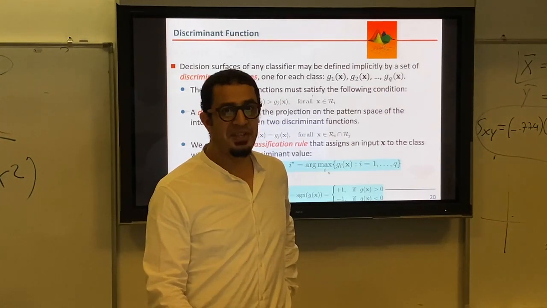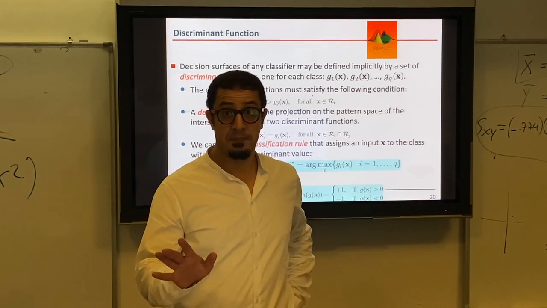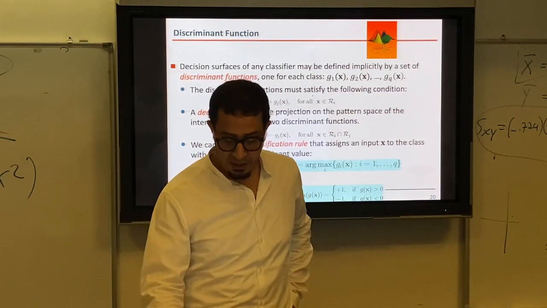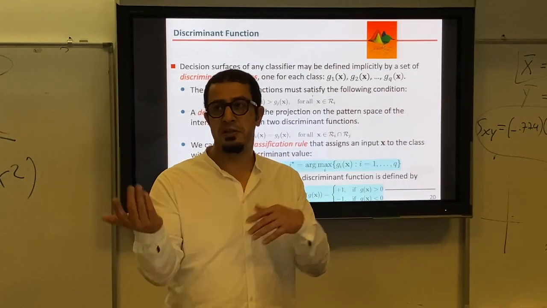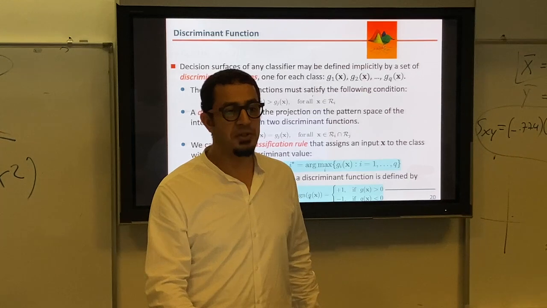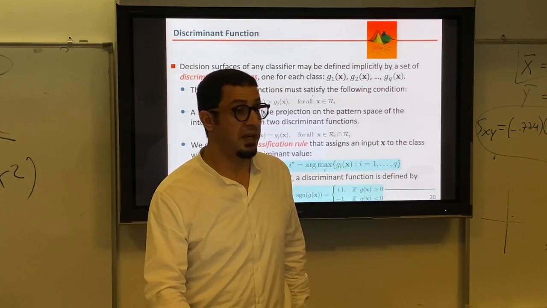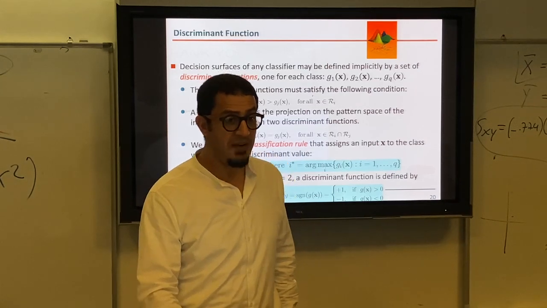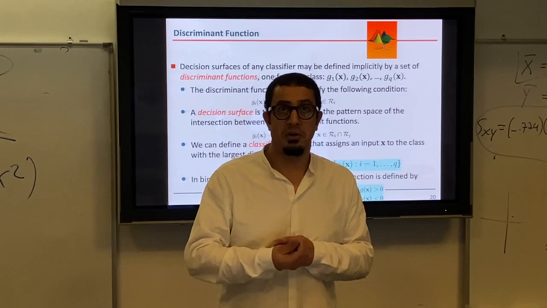If the maximum is at G2, it will give me 2, and it will be L2. Clear? Now if we have just binary, 2 classes, what we do is take the difference, G1 minus G2, and take the sign. If the sign is positive, it means G1 is bigger, so it will be class 1. If it's negative, it will be class minus 1. And we are done. Okay?